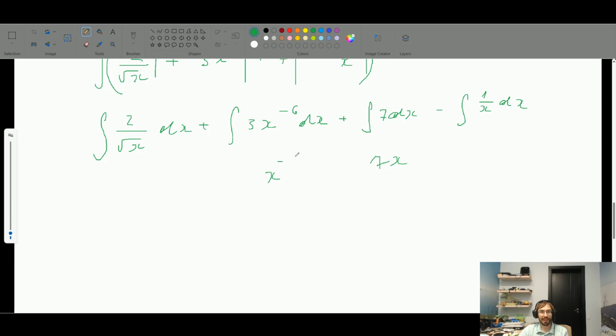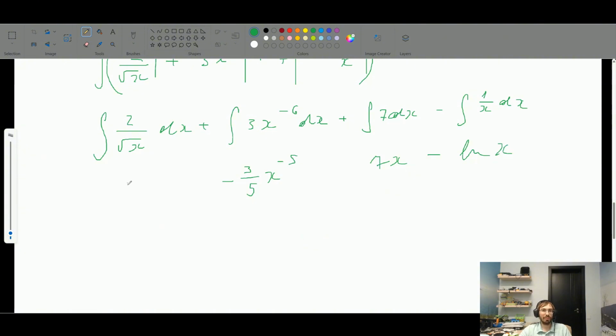It will be then minus 5 because minus 6 plus 1 is minus 5, and we divide 3 by minus 5, so I can write it as minus 3 over 5x^-5. But the first and the fourth parts are a bit more difficult. Here we need to remember that the integral of 1 over x is ln x, so we write it with a minus, because in front of the integral there was a minus: minus ln x.